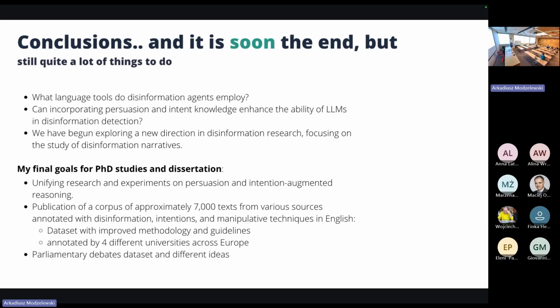Also, I still have to publish datasets annotated with disinformation, manipulation, and intent, but this time manipulation techniques are annotated on a span level. And also with Jakub, we have quite a few interesting ideas for further working on parliamentary debates.